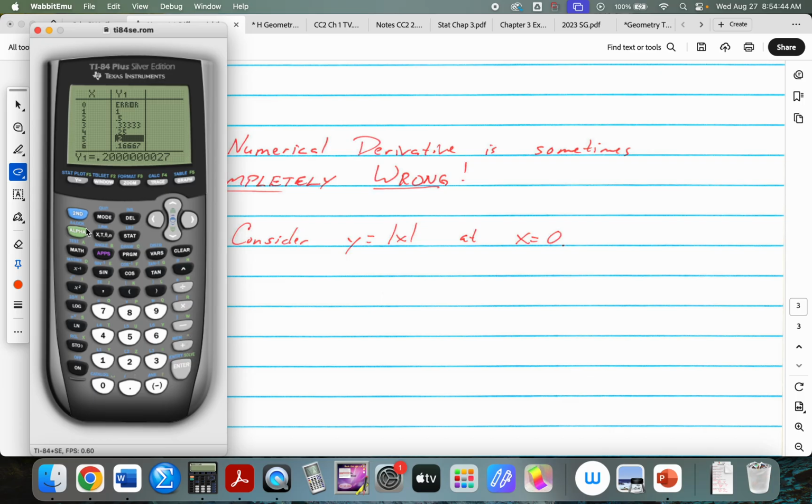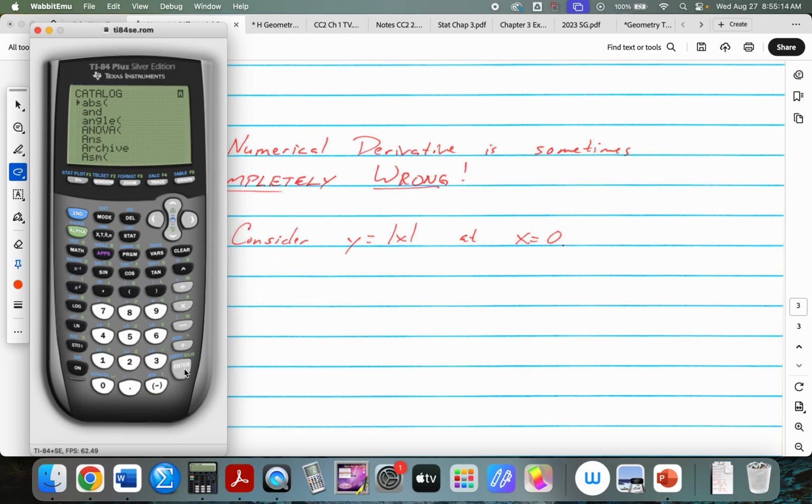So we go back into this, let's quit out of that. Let's say I tell it, hey, tell me the numeric derivative of the absolute value of x. By the way, if you don't know where to find the absolute value, one of the best things on your calculator is if you do second 0, you get the catalog, which lists everything in alphabetical order, and the first thing there is the absolute value.